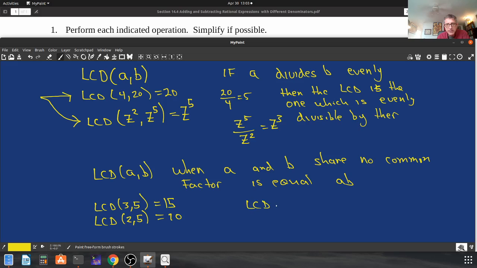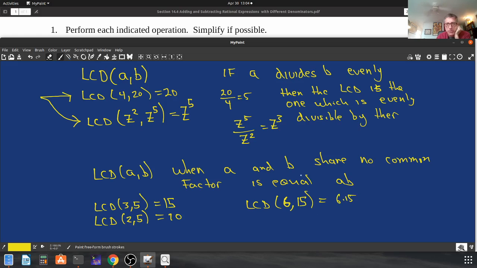The LCD of 6 and, let me think of one, 15 is equal to 6 times 15. Why? No, that's not.